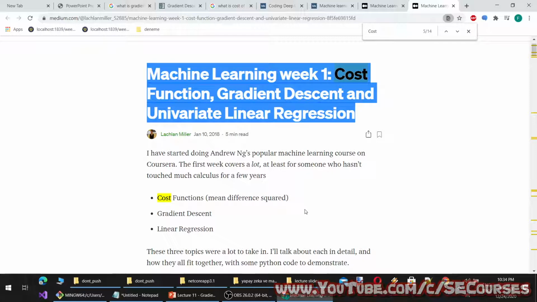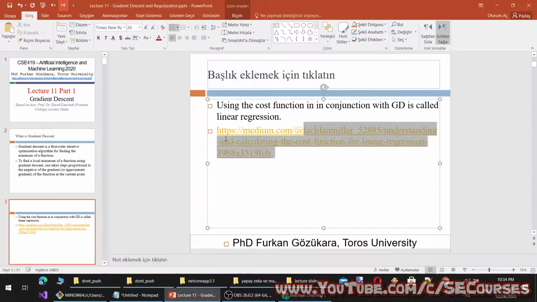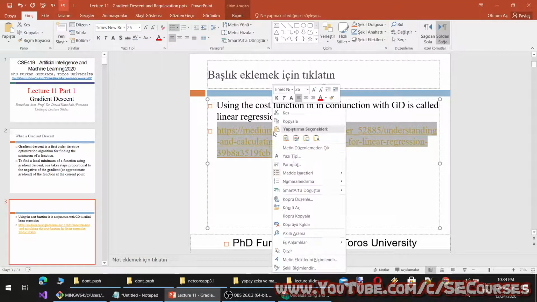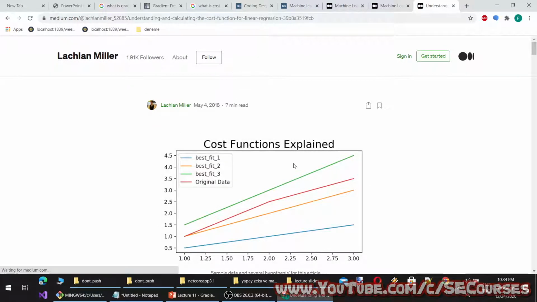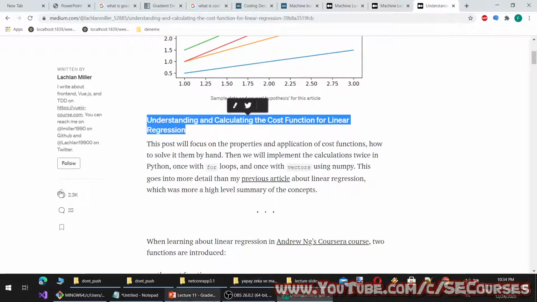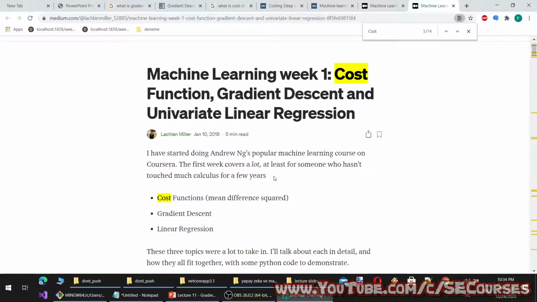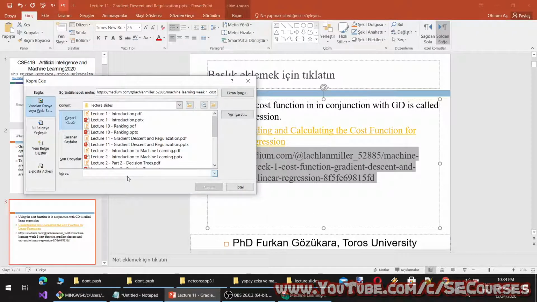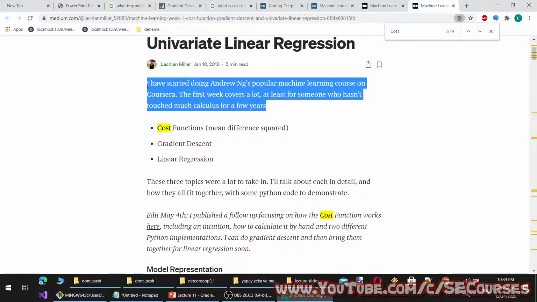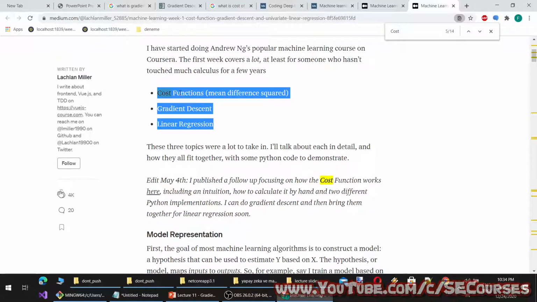Machine Learning Week 1, Cost Function, Gradient Descent and Univariate Linear Regression. One moment.